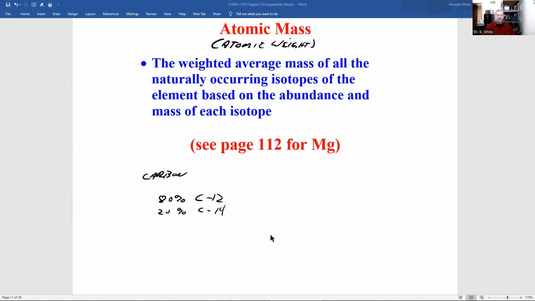We call that the atomic mass, or I'll call it the atomic weight.